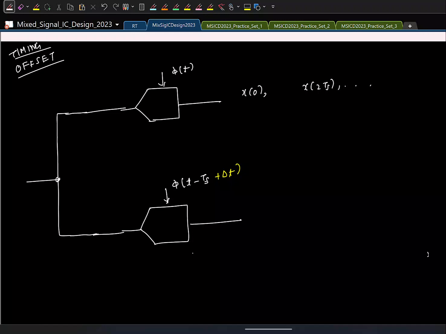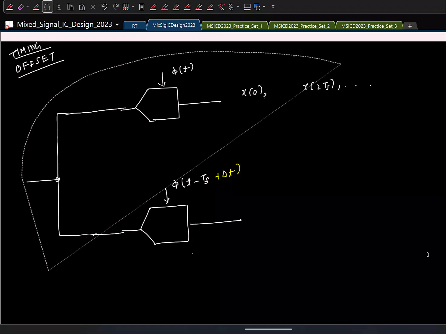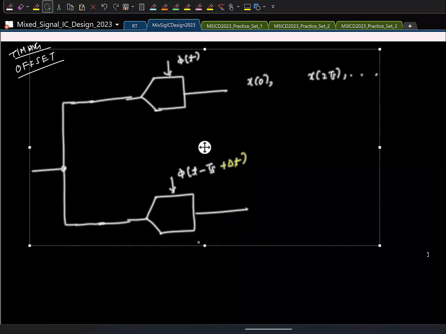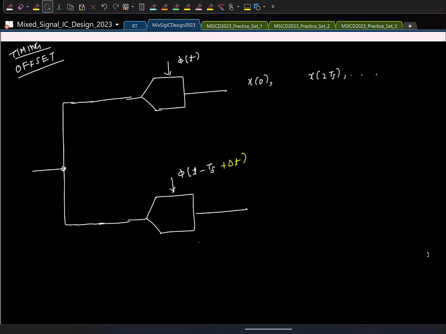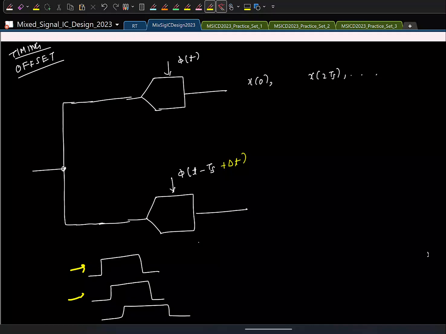See, one thing is, you can go and tackle the root cause of this issue itself. What is the root cause? The clock, and the time shift in the clock, is not exactly what you want. So one thing you can do is generate clocks with multiple phases. There are circuits which can help us do that. And use the right phase for the clock that minimizes the image strength.